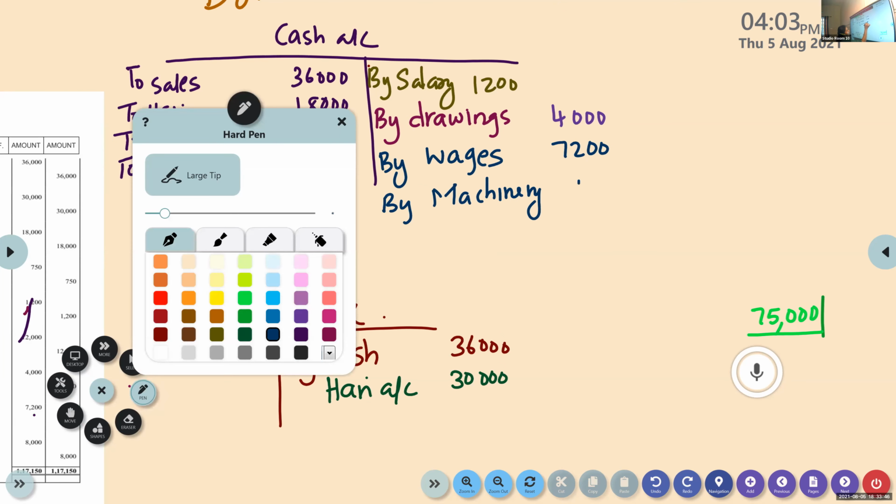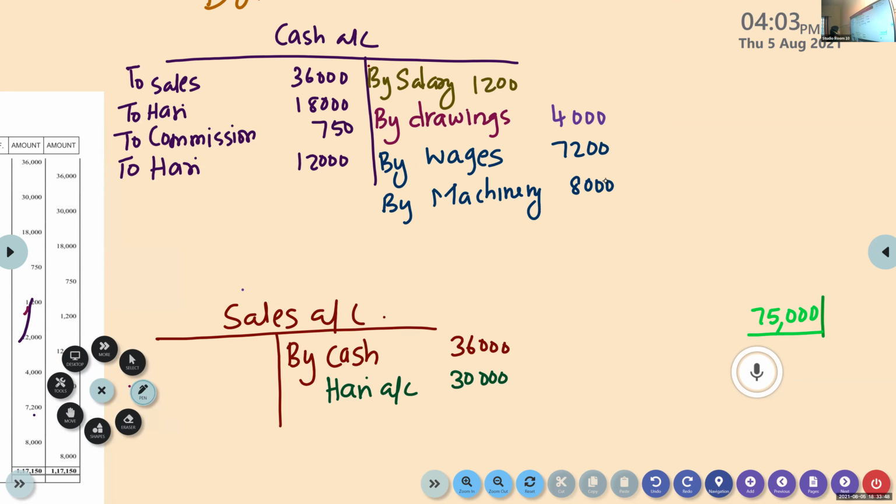We will open machinery account also. Machinery account debtor to cash, so to cash, we will write it on the left hand side of machinery account, 8,000. Finish?